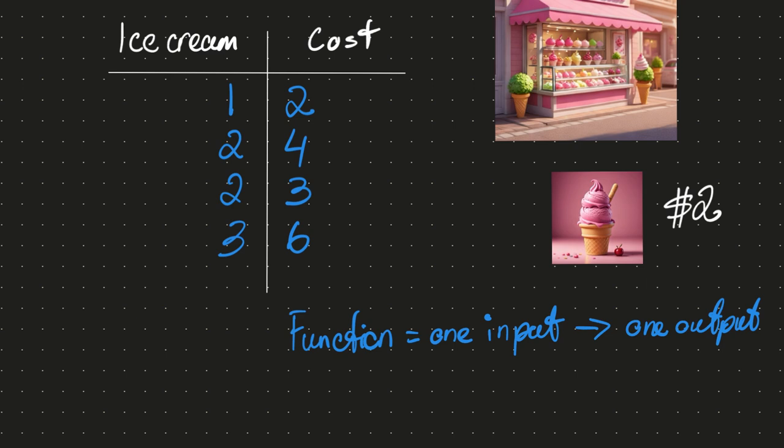And what does that mean? One number of ice cream will be my input. Let's say if I'm going to the ice cream shop and asking, may I have 1 ice cream? Then I would be paying only 1 price. I can't be paying for the same ice cream 2 different prices. So one input will have 1 output, as in the cost of the ice cream.